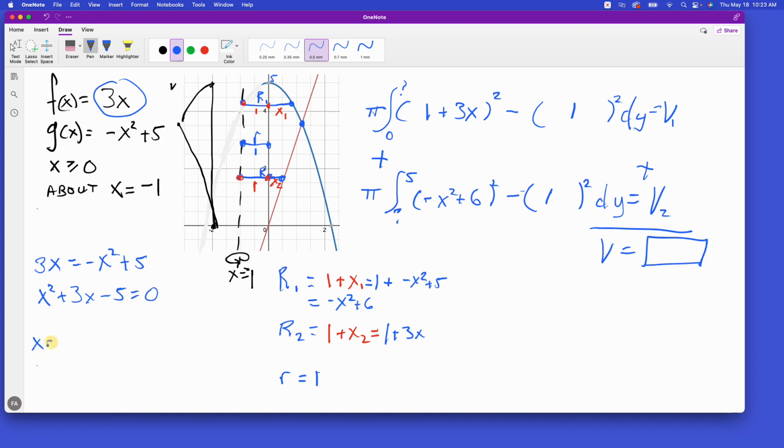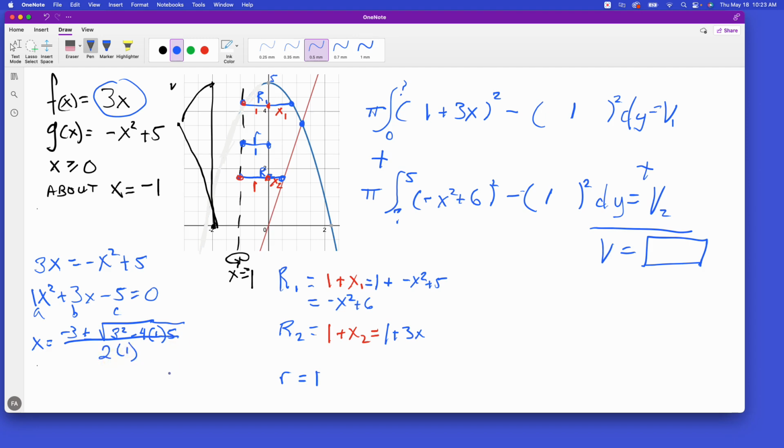So our go-to method then is our quadratic formula, which is negative b. All right, here are my a, b, and c. So my a value is an understood 1 right there, right? So negative b plus or minus the square root of b squared minus 4ac, all over 2a.